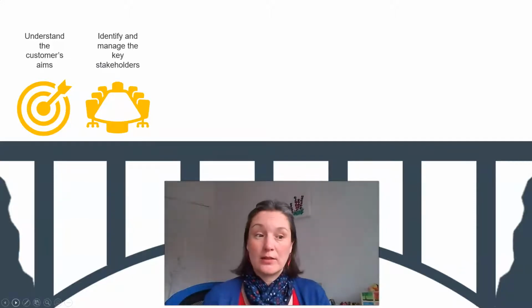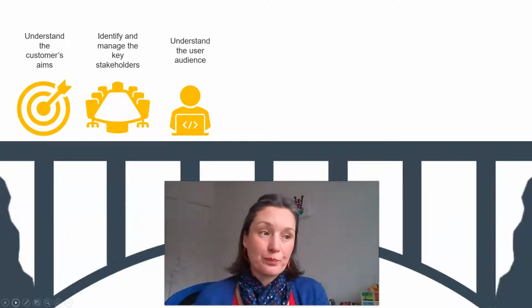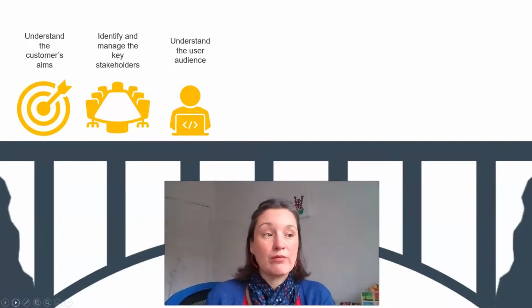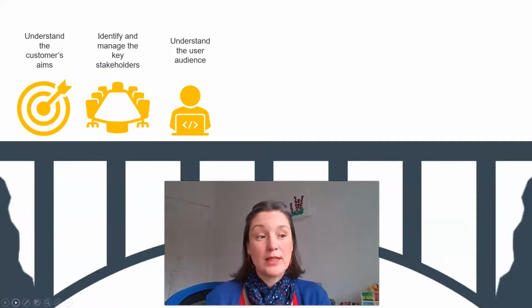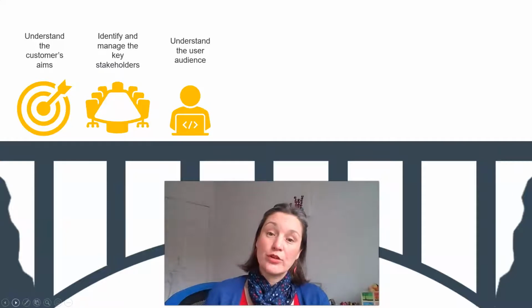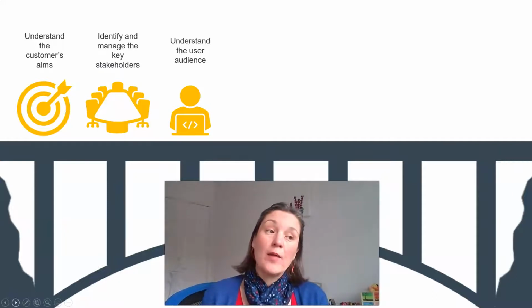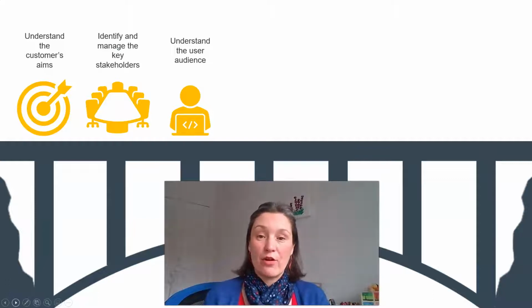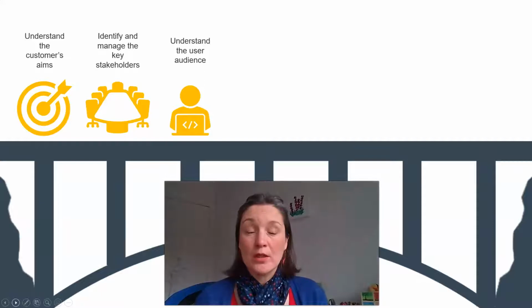So that's number 2. Number 3, we've got understanding the user audience. So this links very nicely to our stakeholders. Part of our stakeholder groups are our users, so the users of the software. But this is going into a level of detail a little bit further. So what we're talking about here is this idea of user personas.